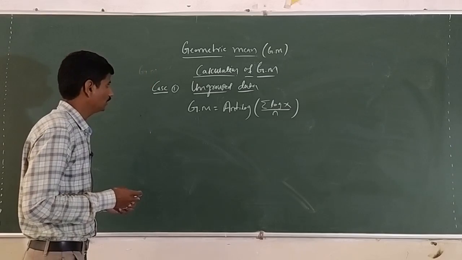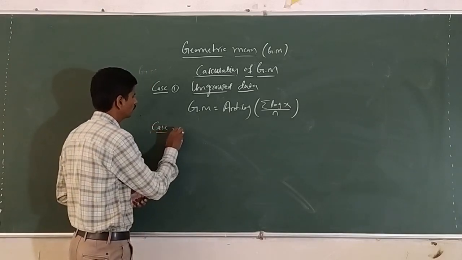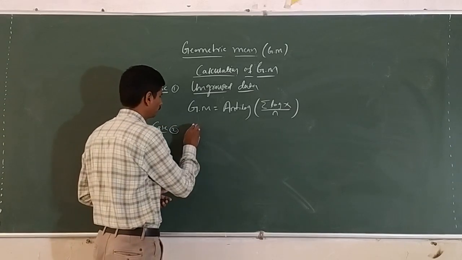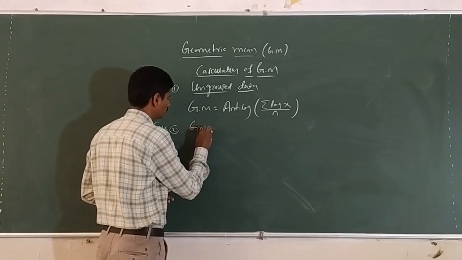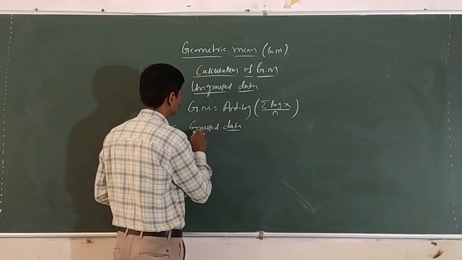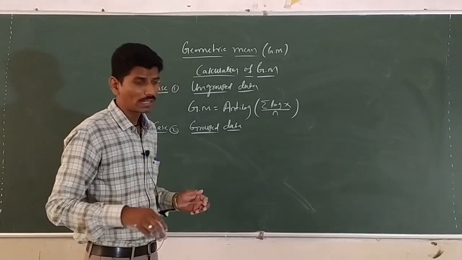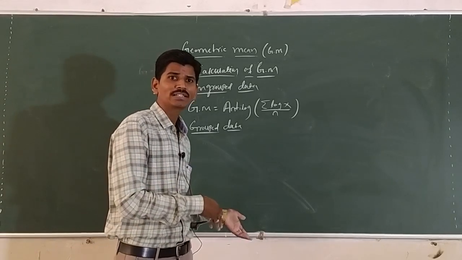Okay, the next one, case 2, that is grouped data. In grouped data there are totally two types: one is continuous and another one is discrete.